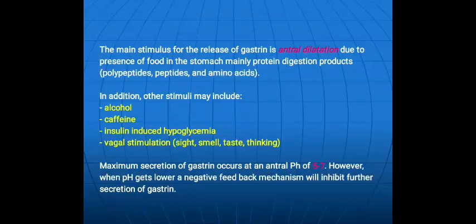In addition, هناك بالإضافة إلى ما ذكرنا من توسع القنوات في منطقة الأنترم بالستومك, الحقيقة هناك عوامل أخرى تساعد على الإفراز, وهي الكحول, كافيين, insulin induced hypoglycemia, and vagal stimulation, which may occur by sight, smell, taste, thinking.